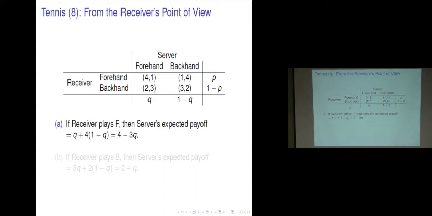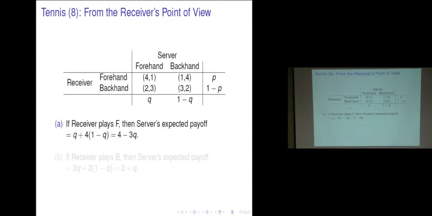From the server's point of view, the server can choose her probability Q. The server can choose the forehand strategy 1 with probability Q, and 1 minus Q for the backhand. So let's calculate the expected payoff for the server.